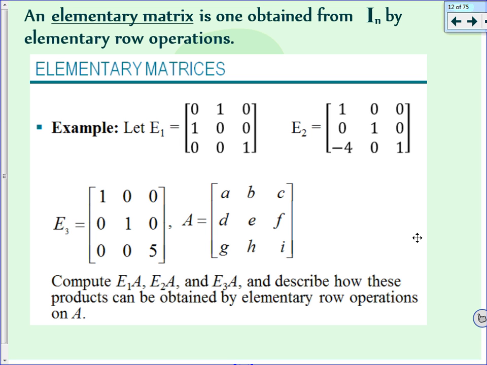All right. So, these are called elementary matrices. An elementary matrix is called an elementary matrix because it is obtained from elementary row operations on I. So if we take a look, what is the difference between E1 and let's say I?